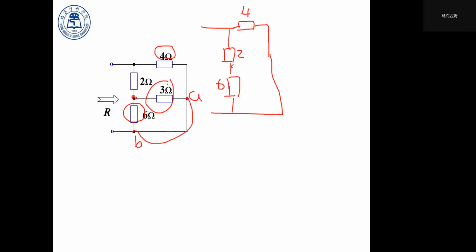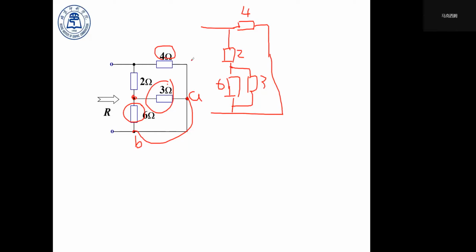And we also know that the 3 ohm resistor shares both ends with the 6 ohm resistor. So we can see that the 3 ohm resistor and the 6 ohm resistor are in a parallel form.